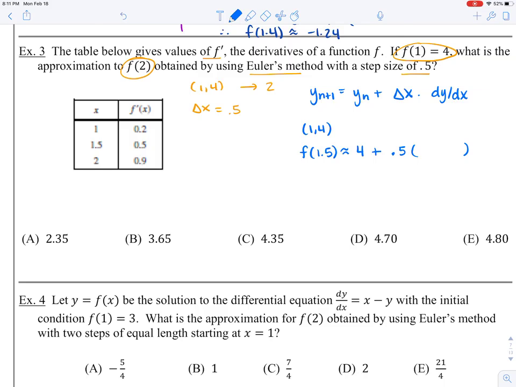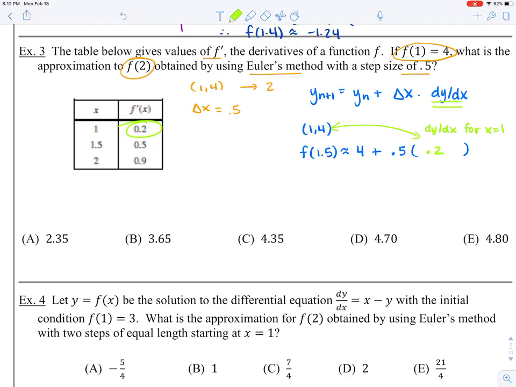Here's where you're going to mess up, guys. I want the dy dx for this point. Now remember the dy dx is f prime. Those are the same thing. Derivative is f prime. So I want the derivative 0.2 from the table, that is dy dx for x equals 1.